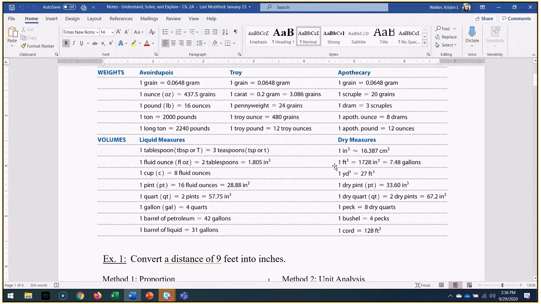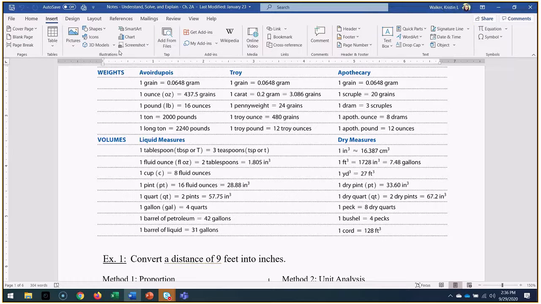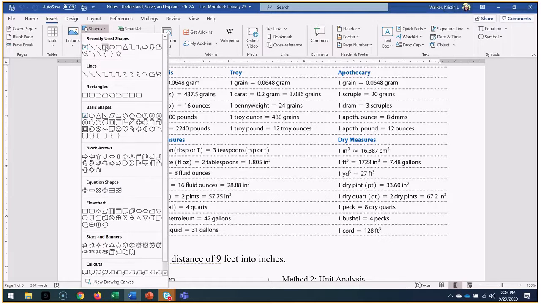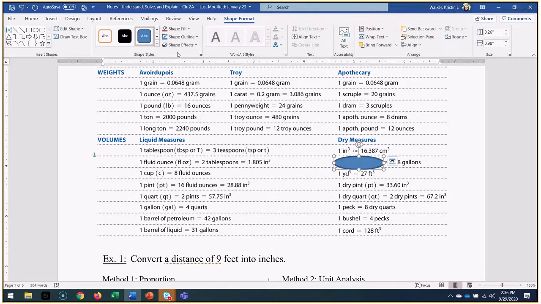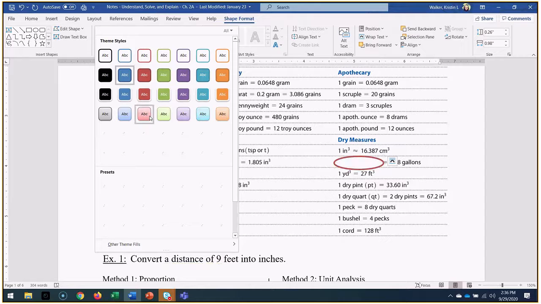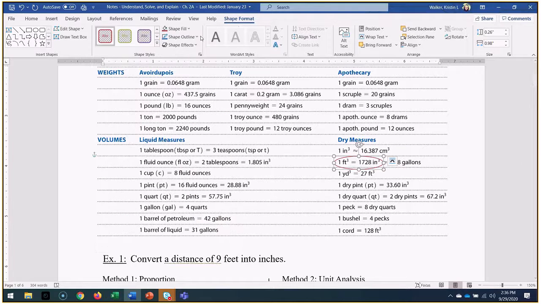Where it is. It's right here. I'm looking right here. You guys can see that.